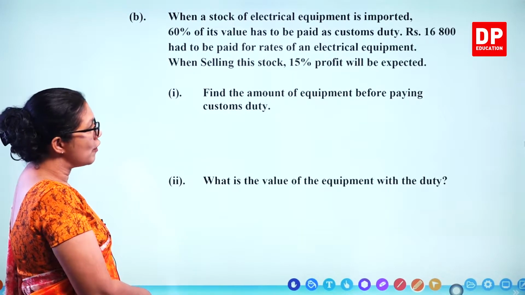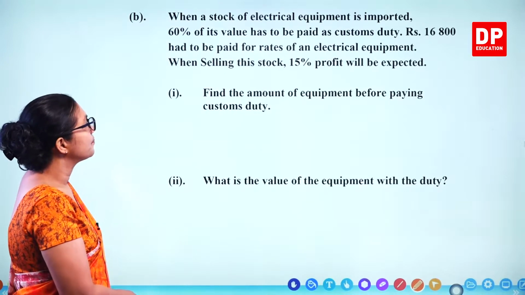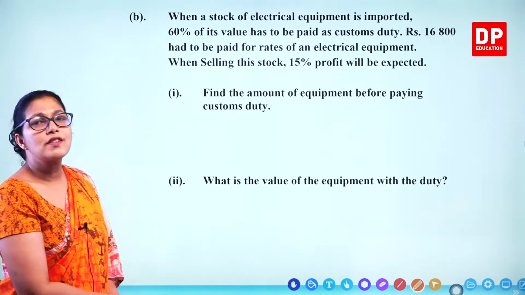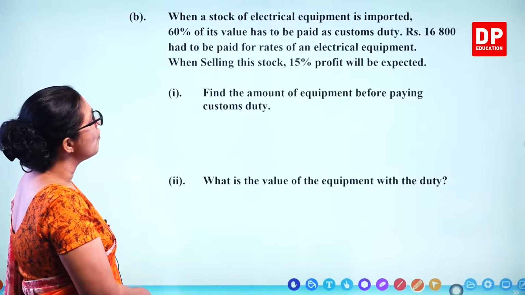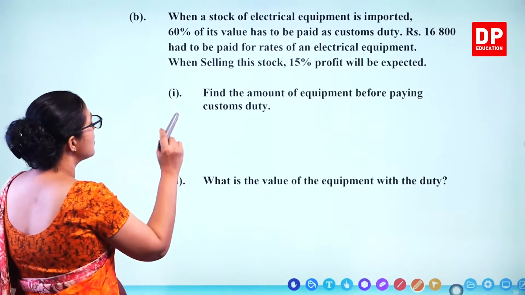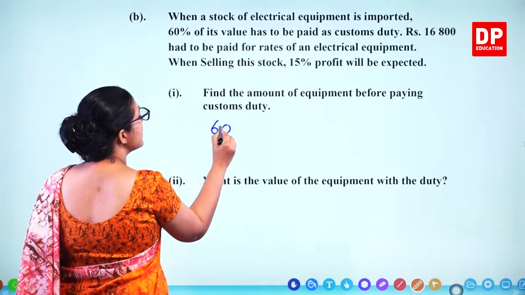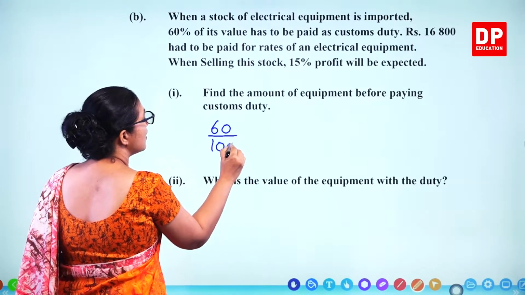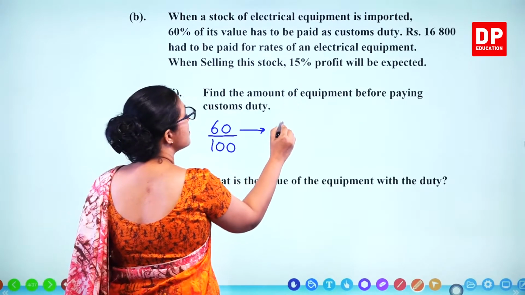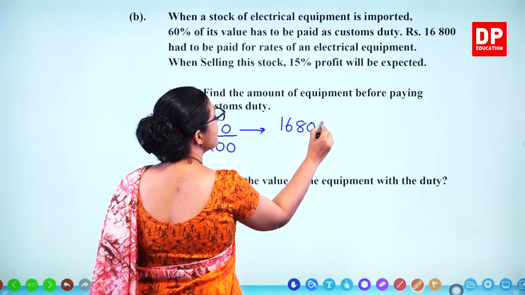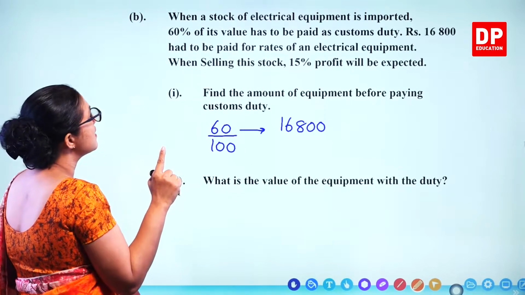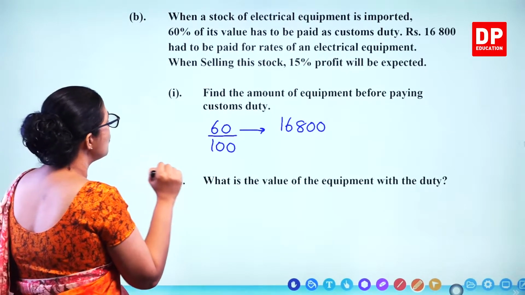Find the amount of equipment before paying the custom duty. So 60% value we have to find. So 60% value is 16,800. So what is the custom duty value?